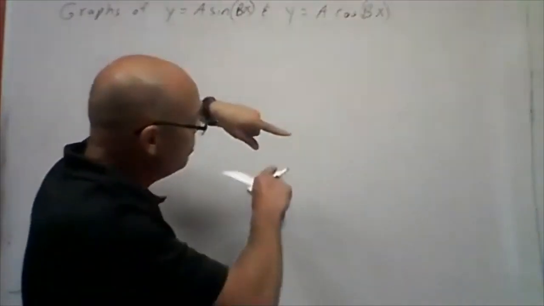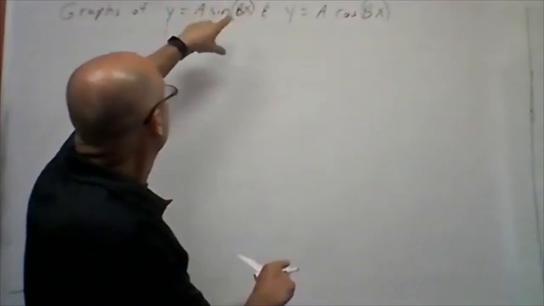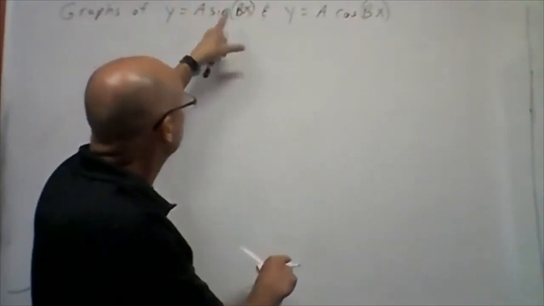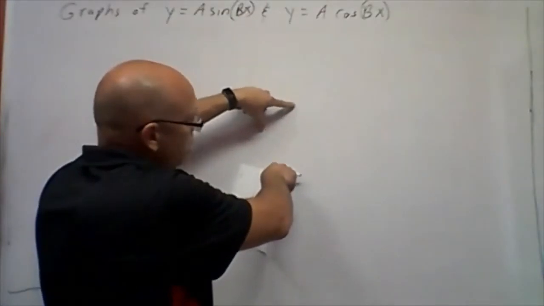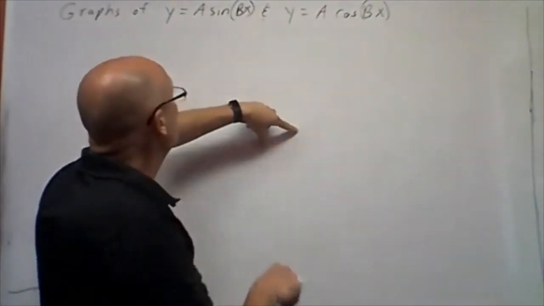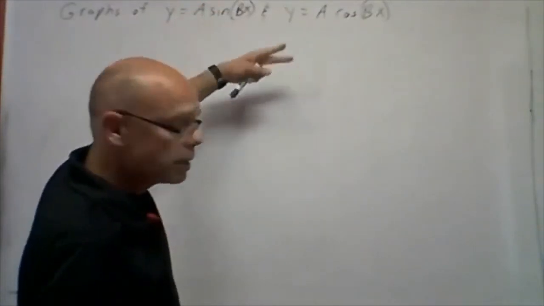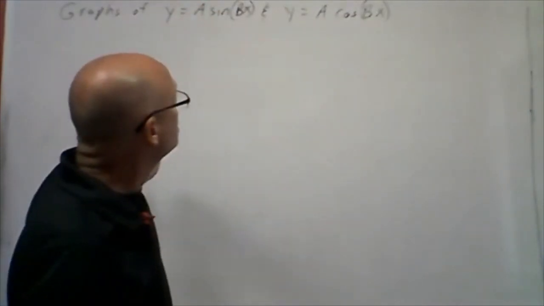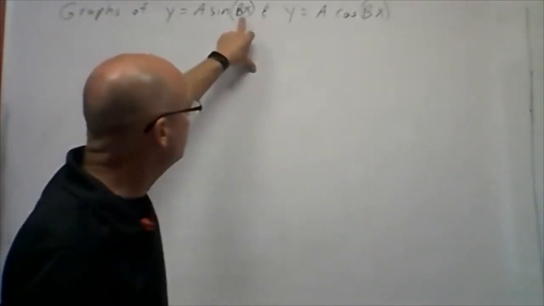Remember, if a is greater than 1, it's a vertical stretch. If a is between, let's say, 0 and 1, like a half, it's going to be a vertical compression. And if a is negative, it's going to be a reflection across the x-axis. Okay, we'll get to that in just a minute. Don't worry about following real close with that right now.